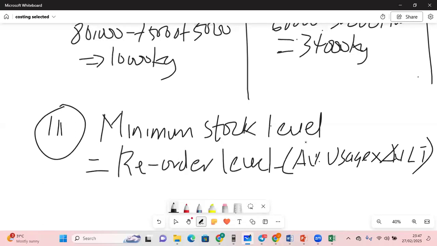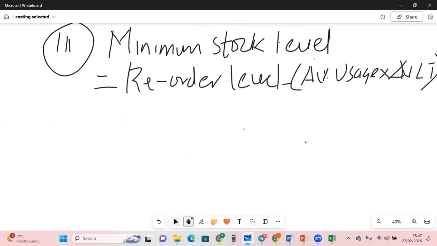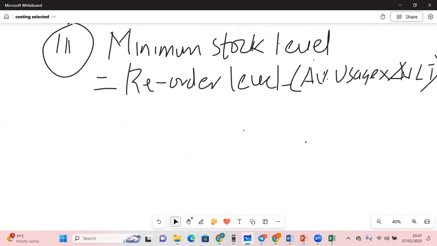Use LT for lead time. So reorder level, our goal still maintain as A, H, and then P.